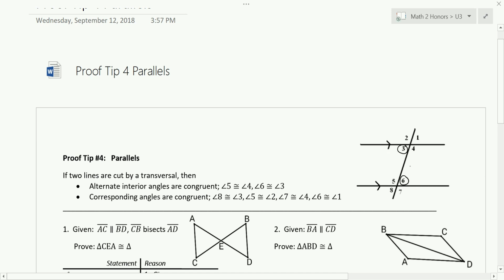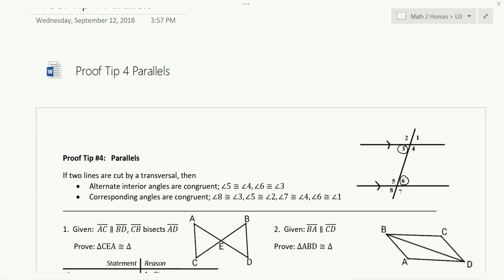We say they're alternate because they're on opposite sides of the transversal, the line that cuts through there. But the thing that you want to pay attention to is those angles are connected. Every angle is created by two segments, and the two segments that create those angles are the parallel line and the transversal. So that angle has to be touching the parallel line.